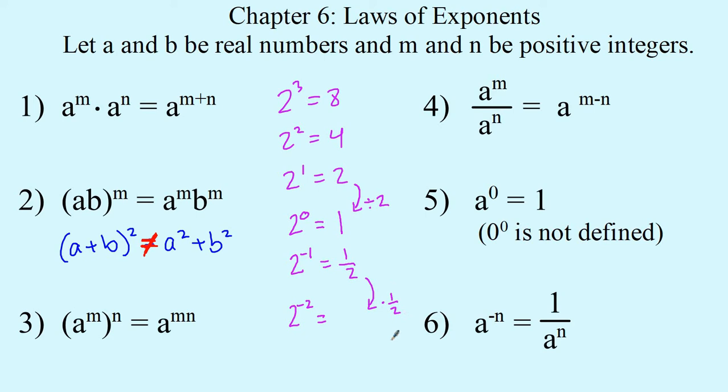Keep, change, flip. So that's just 1/4. 2 squared was 4. So notice 2 to the negative 2 is 1/4. So 2 to the negative 3 should probably be 1/8. And that's exactly right. So there's a pattern.